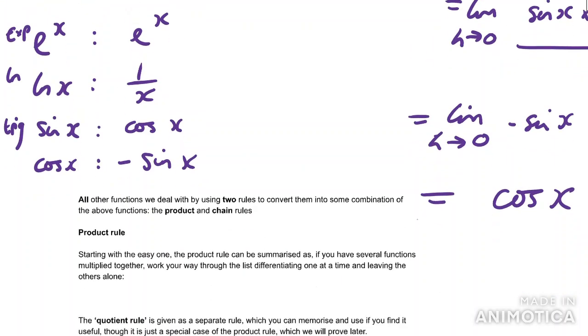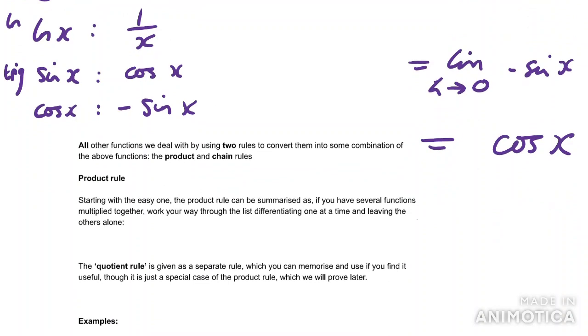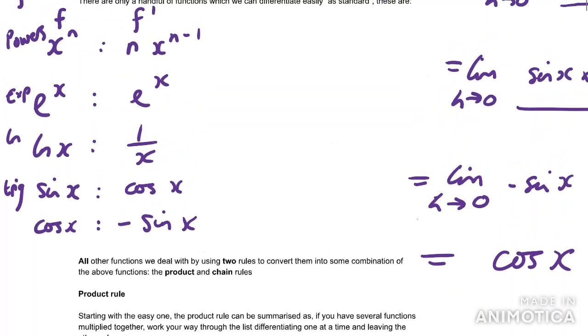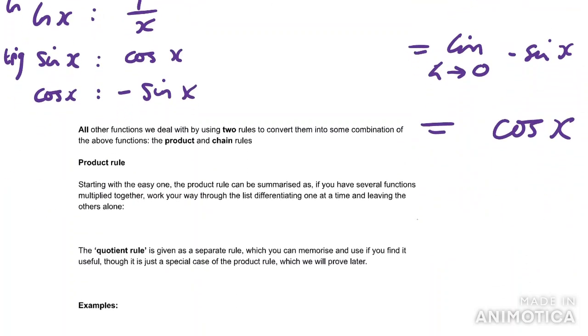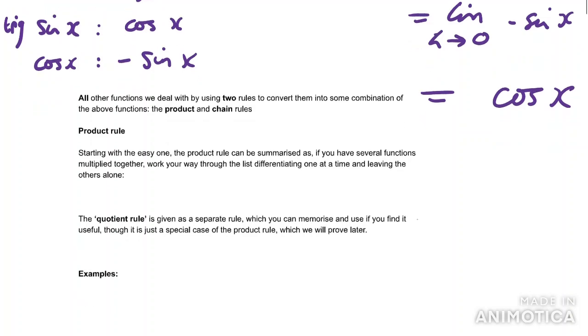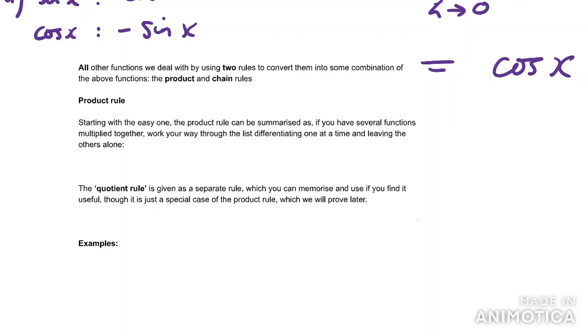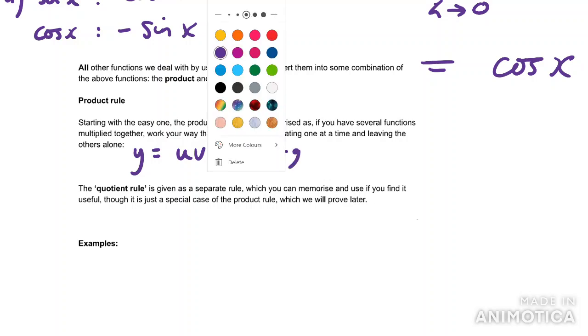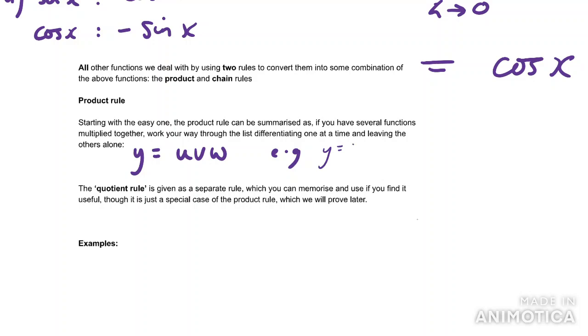But the important thing is that all other functions that we can differentiate can be built out of these functions. And so we do that by learning only 2 rules, the product rule and the chain rule. The product rule is nice and easy because if you have a function, let's say y equals u times v times w, e.g. y equals x sine x cos x, so these 3 different things multiplied together.